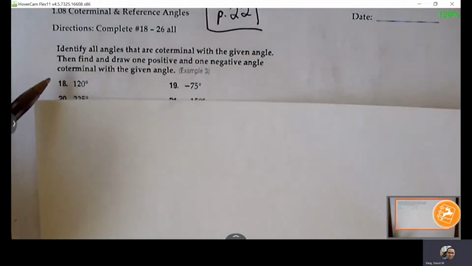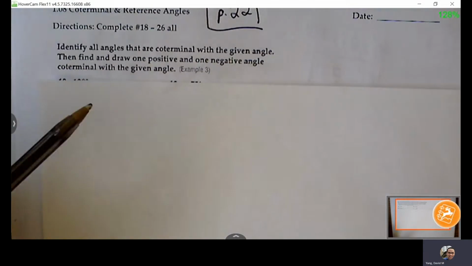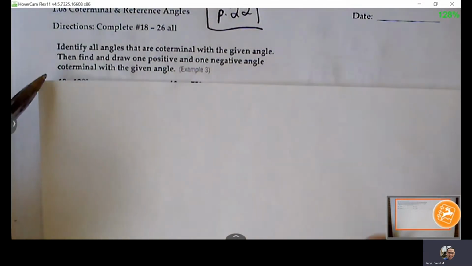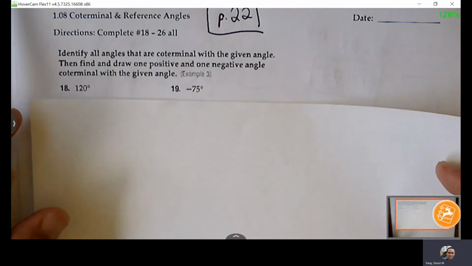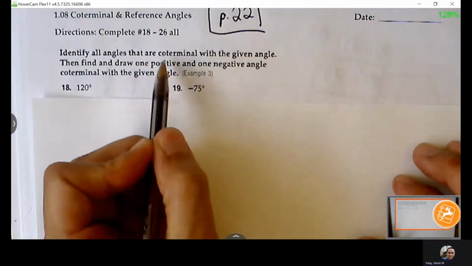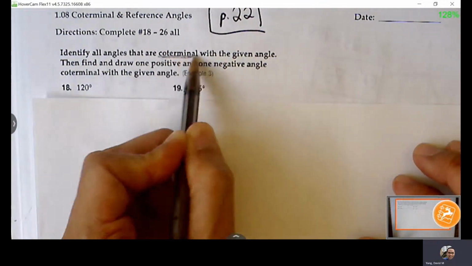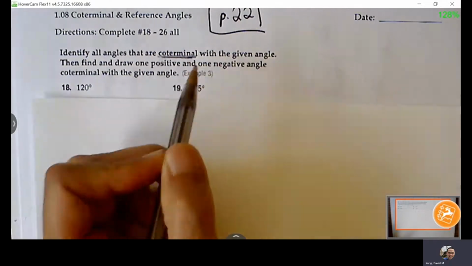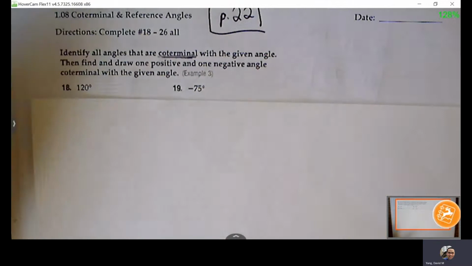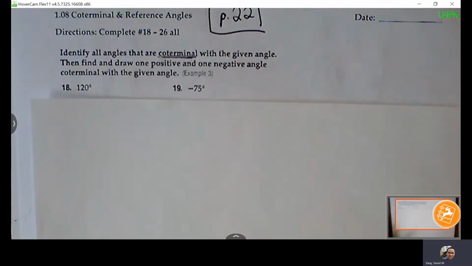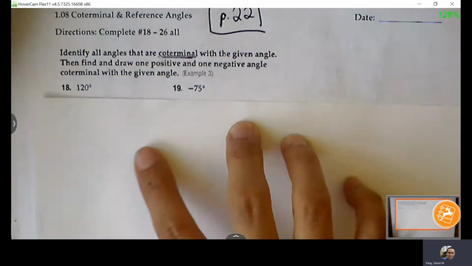Let's read the directions here. It says, identify all the angles that are coterminal with the given angle. Then find and draw a positive and negative angle coterminal with the given angle. We talked about yesterday how there's going to be an infinite number of coterminal angles, right? You can keep adding and subtracting 360, but we're going to be able to find a way to at least create a formula that will allow us to represent all the coterminal angles for a given angle.